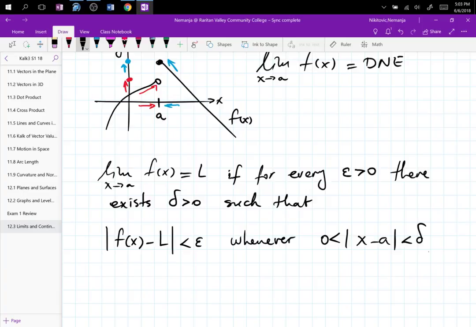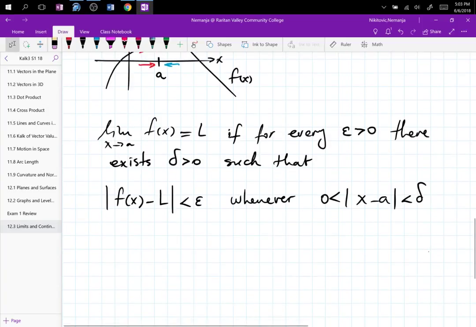There we go. So this statement is the official definition of the limit.